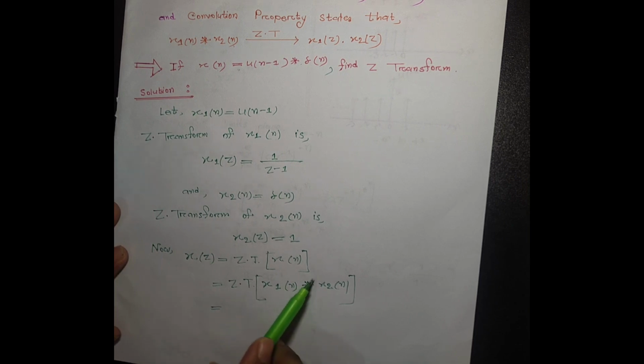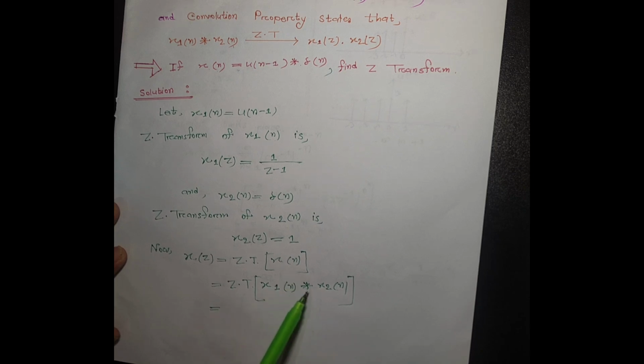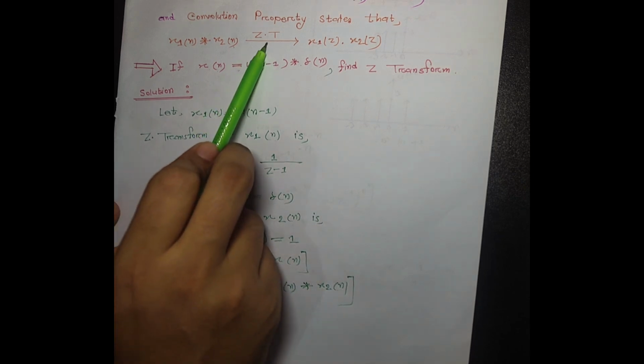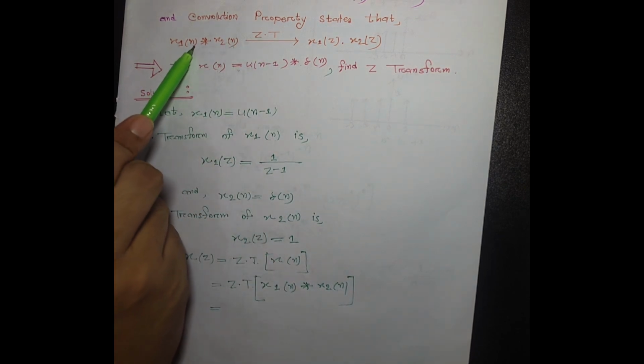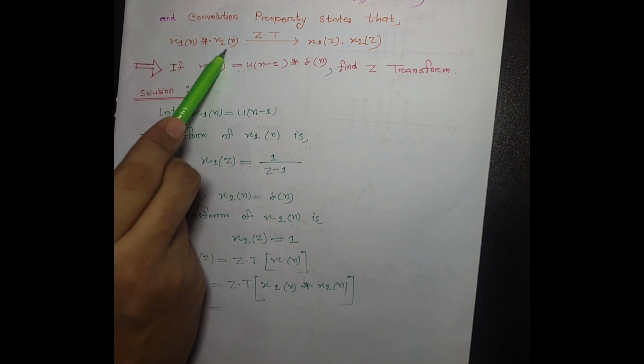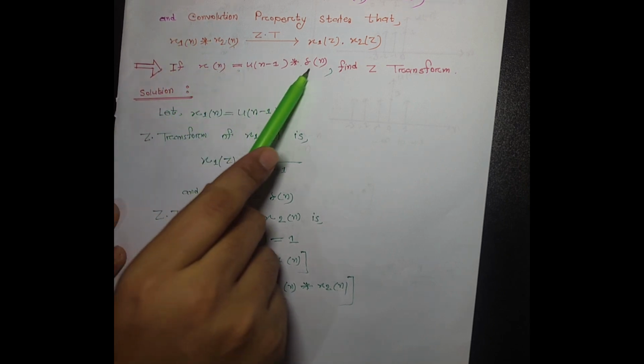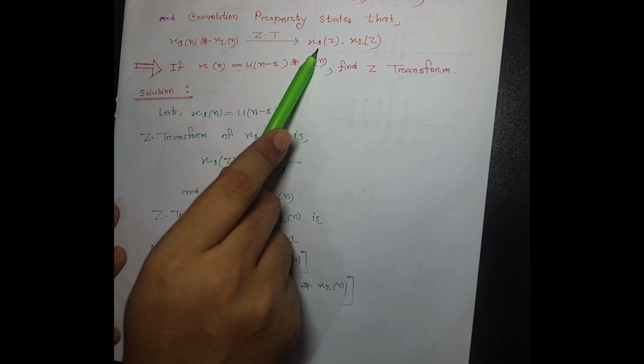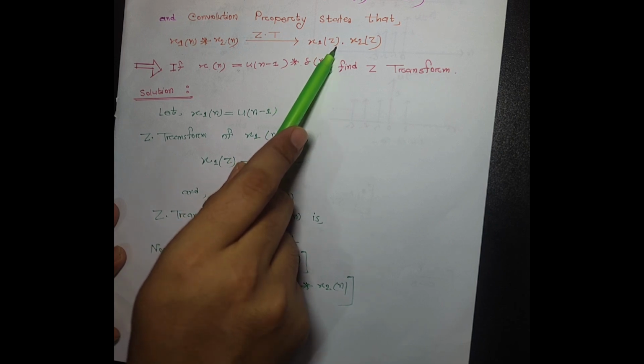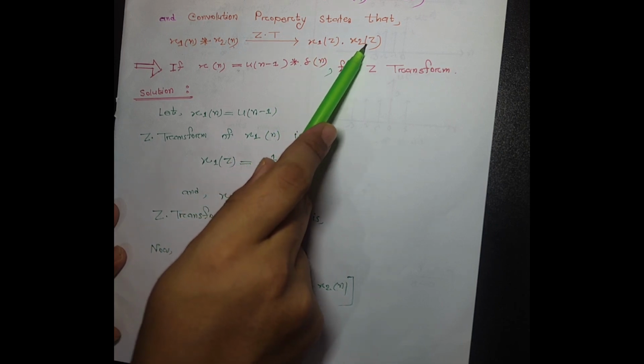From the convolution property, Z transform of x1 n convolution of x2 n is equal to X1 of z into X2 of z.